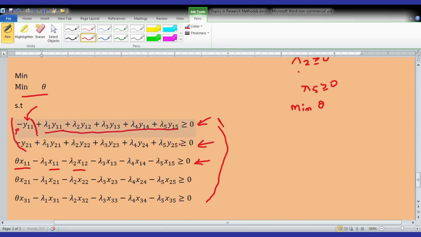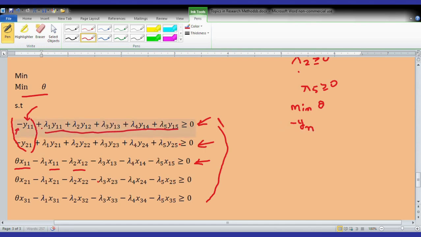This is like a vector of outputs being produced by PAM1, and it is in minus. So I can write it as minus yn. N can be 1, 2, 3, 4. I'm writing it in general.